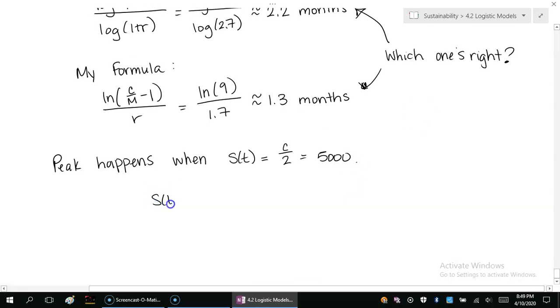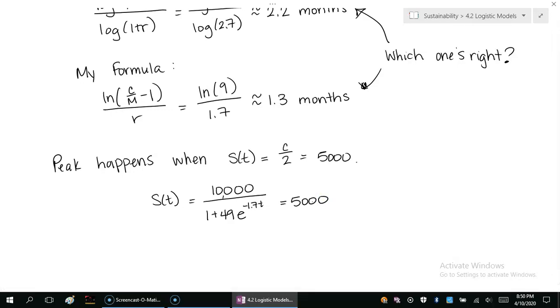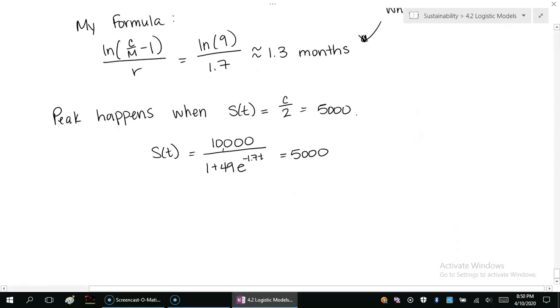S of t is 10,000 divided by 1 plus 49 e to the negative 1.7 t, and I want to know when is that equal to 5,000. Okay, well, let's divide everything by 5,000, because I've got that as a factor on both sides.